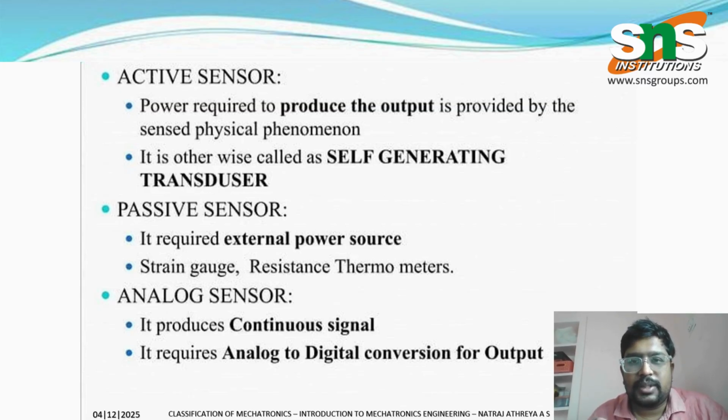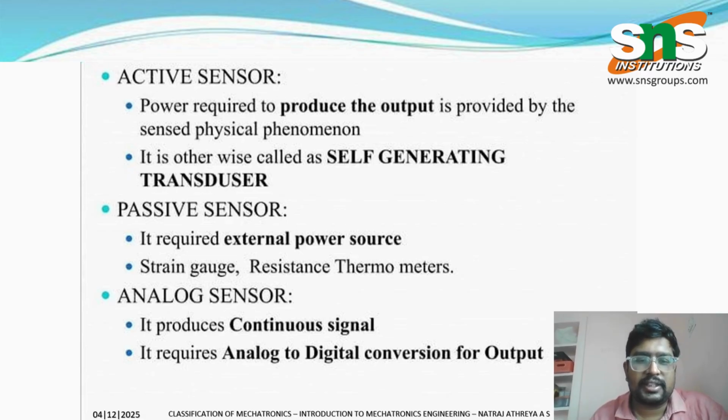What happens here is that because of the change in temperature, the resistance value changes, and since the supply is given from outside in the electric circuit, that particular supply value will change. This way we will be able to sense the change in the thing of interest. In this case it is the temperature change, or maybe a change in light intensity, and so on. There are differences for that as well.